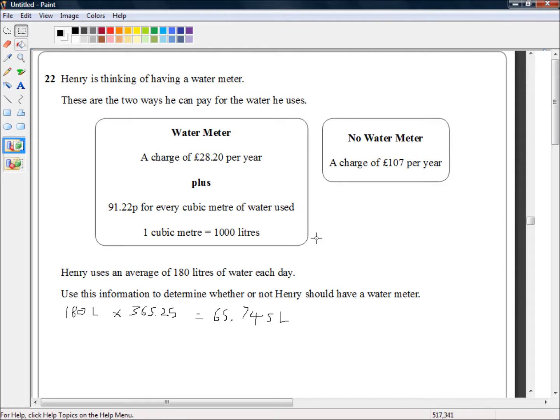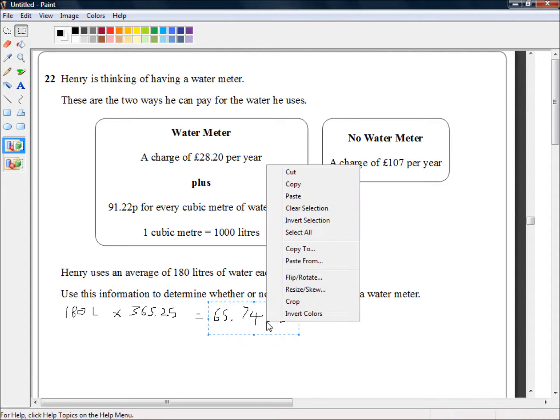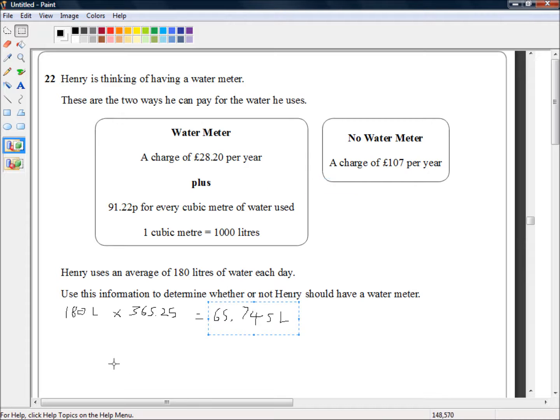So 65,745 litres is equal to 65.745 cubic metres, because there's 1,000 litres in a cubic metre, so we divide by 1,000, so that's just moved the decimal point 3 places to the left.